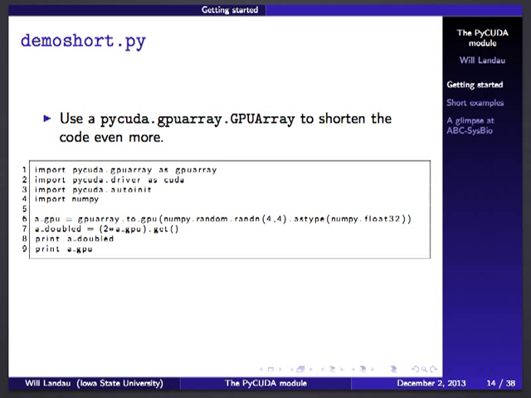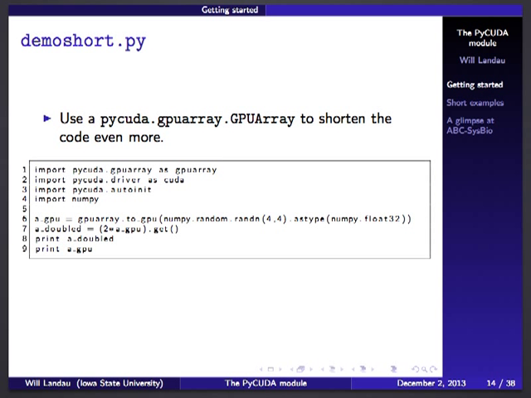And once you have this object, you get some kernel methods for free. So you can write whatever you want to happen in parallel on the device in Python fashion. So you can just say 2 times a GPU, and the .get method just grabs the result.